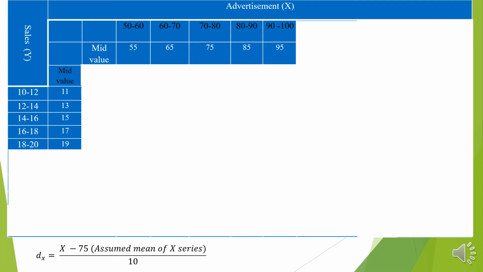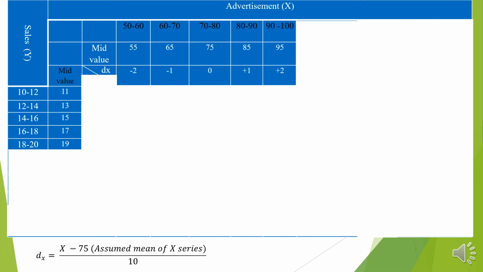Now how do you find dx? It is x minus the assumed mean, divided by the class interval. The class interval is 60 minus 50, which is 10. So I got the dx values. Look at your dx values.